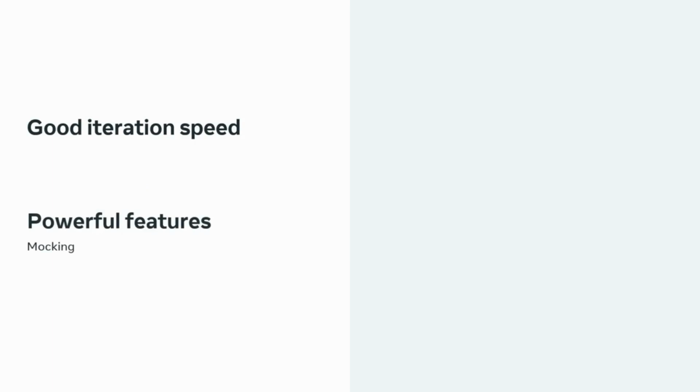Now, let's explore the two tools that React endorses to structure your tests, Jest and the React Testing Library. Jest is a JavaScript test runner that lets you access an artificial DOM called JSDOM. While JSDOM is only an approximation of how the browser works, it is often good enough for testing React components. Jest provides a good iteration speed combined with powerful features like mocking modules, so you can have more control over how the code executes.